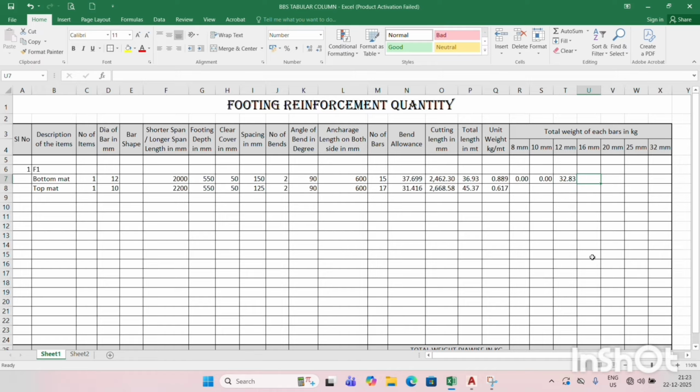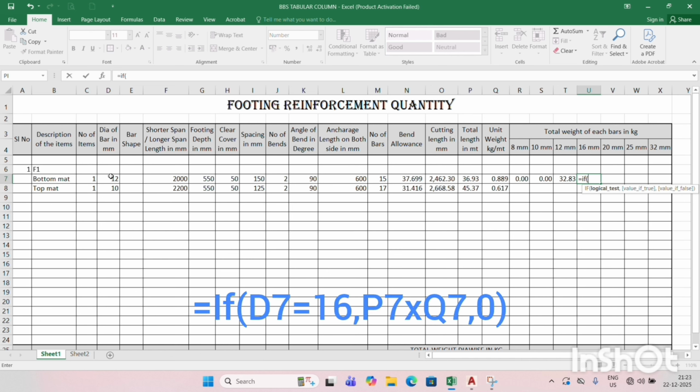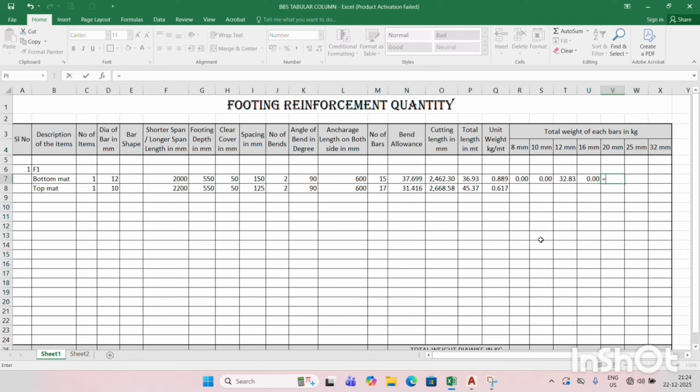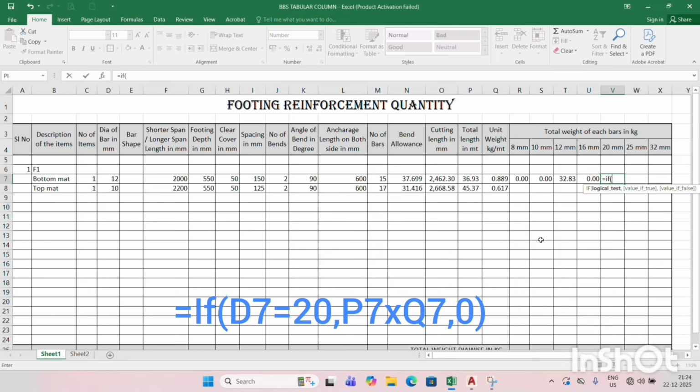Similarly for the 16 mm: IF open bracket, this dia is equal to 16 mm, comma, multiplied by this total length in meter and into density, or else keep it 0. The same thing we need to put for 20 mm: if this cell is equal to 20 mm, multiplied by total length into density, comma, 0.